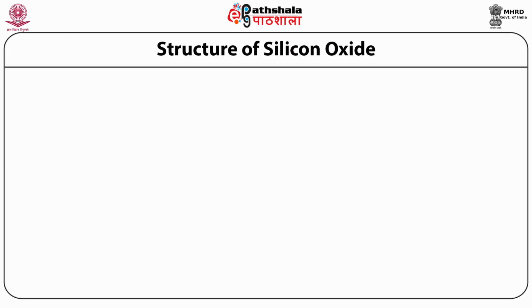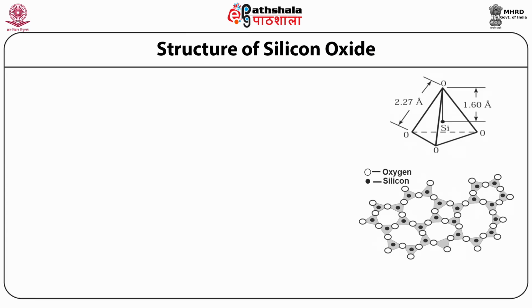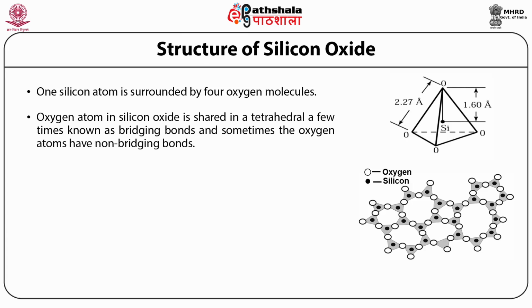Structure of silicon oxide. Silicon oxide is in general grown as amorphous. It has a 3D tetrahedral network. We have one silicon atom surrounded by 4 oxygen atoms, as shown in this figure. Since the oxygen atoms are shared in a tetrahedral, they are sometimes known as bridging bonds, and sometimes the oxygen atoms have non-bridging bonds.